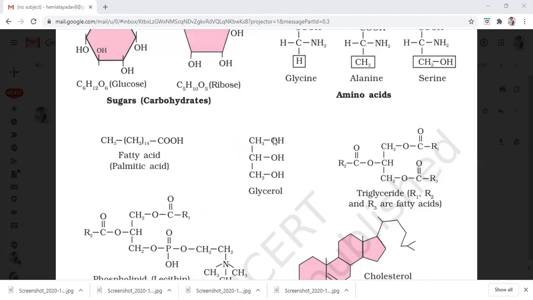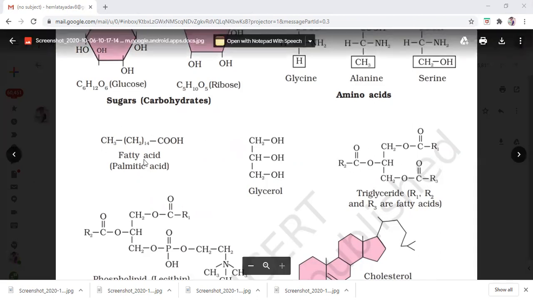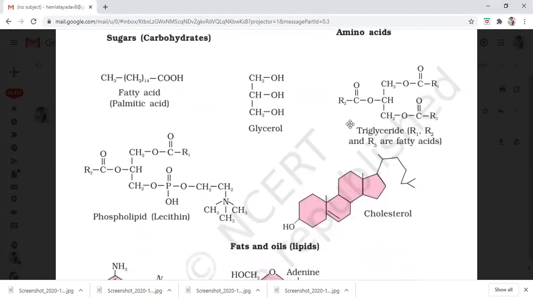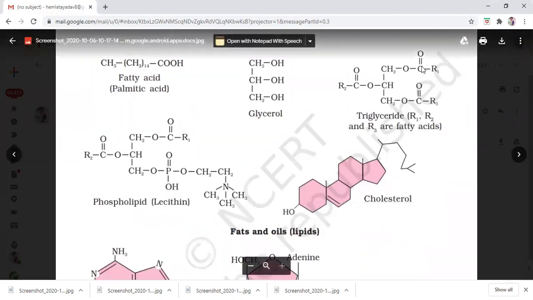When each hydroxyl group of glycerol is fused with 3 different fatty acids as shown here, we can get a triglyceride, where R1, R2, R3 are 3 different fatty acid hydrocarbons.